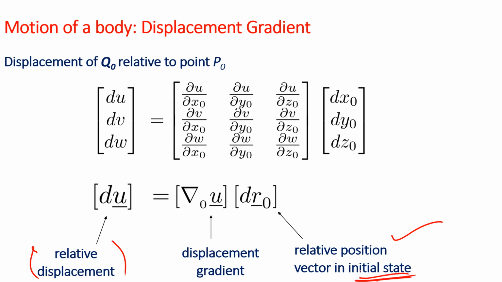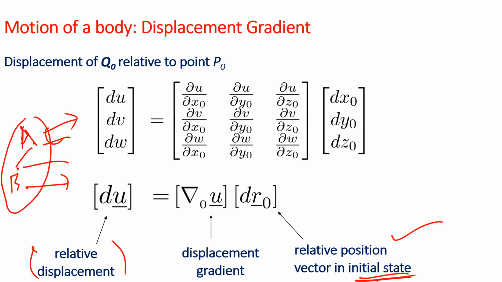With respect to the reference, if I want to understand the deformation between two original points, A and B, we are trying to write the relative deformation. Point A must have undergone some deformation, point B must have undergone some deformation. We are trying to write this relative displacement in terms of the relative position. And that's how this concept of displacement gradient comes in practice.